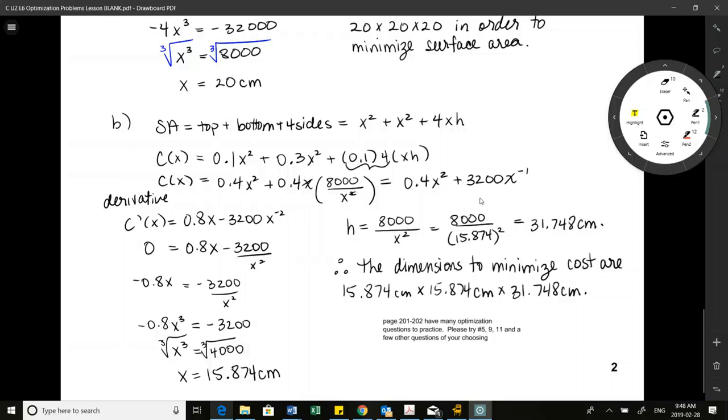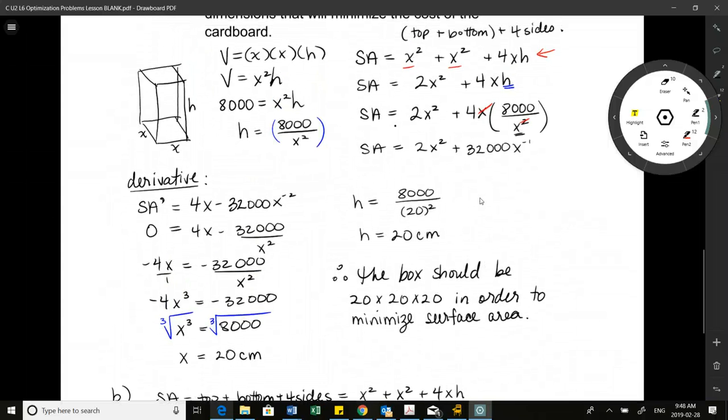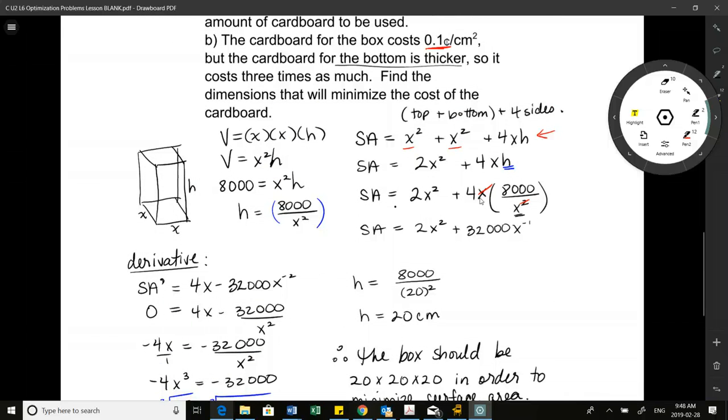So you just find the derivative, set it to 0, and then solve for x, and then plug it back in. But how do you know that x is minimizing? I mean, you can solve for h if you want. I'm usually just choosing the one that's easier to isolate for. Also, in this scenario, it's easier for me to isolate for h because I only have one h in surface area.